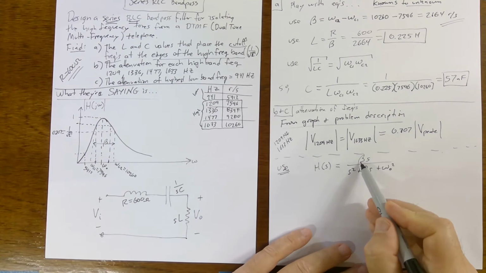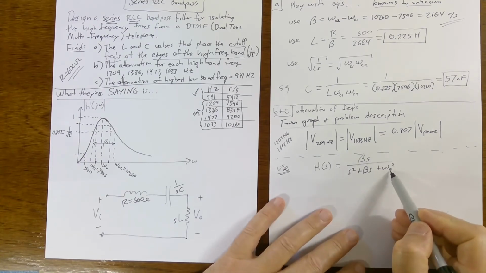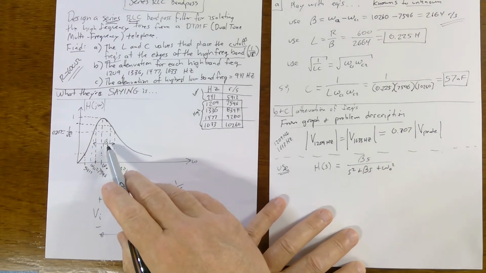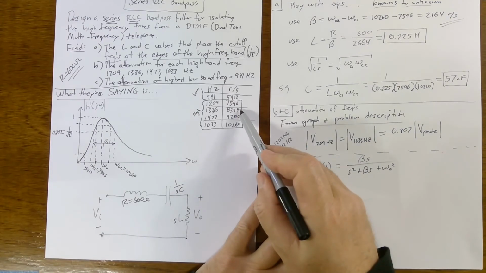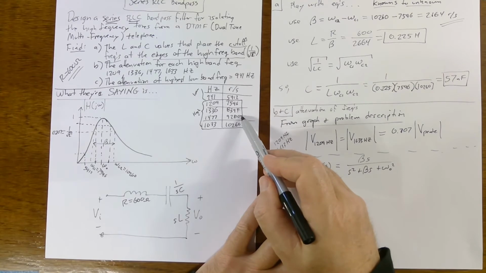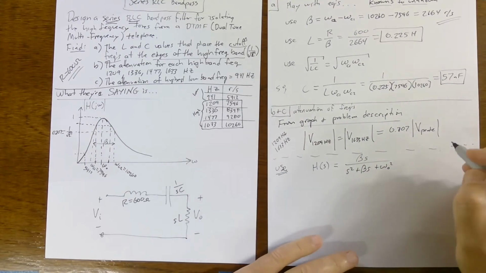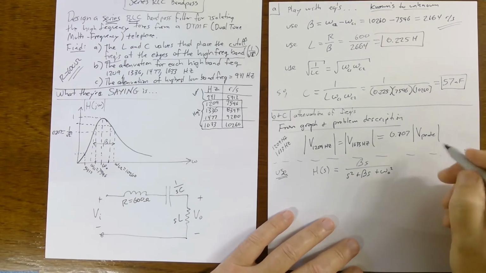Beta is the bandwidth, omega 0 is the center frequency, right? There's the center frequency, omega 0, and beta is the bandwidth. And we're going to use this three times to solve for these two middle frequencies and then this frequency. So it's worth it to do some pre-cooking here.